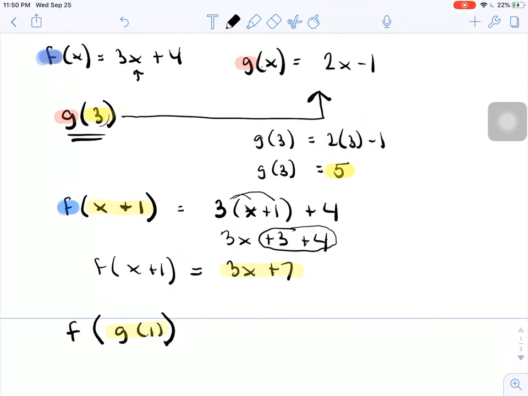So this is telling us to put an input of 1 into function g. So if we come over to function g first, to get the output, we have to do 2 times the input minus 1. So that means if I put in a 1, I get out a 1. So then I could come back to my original thing and say, okay, so g of 1 has an output of 1. So I could replace that inside my parentheses.